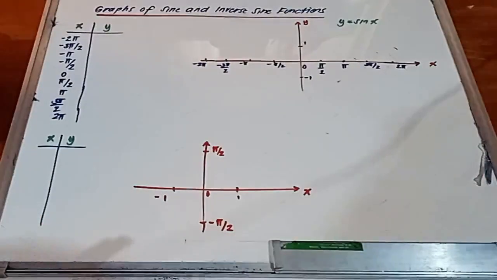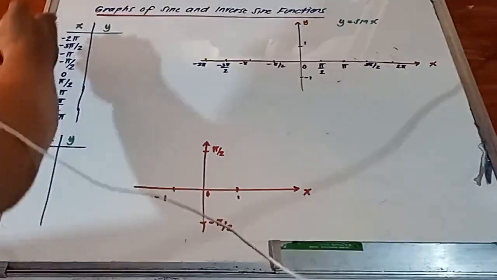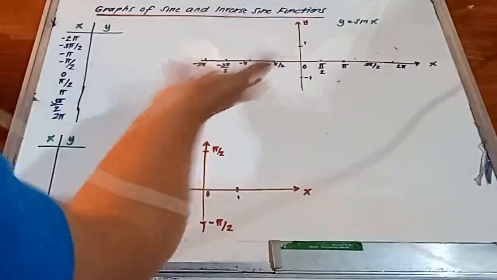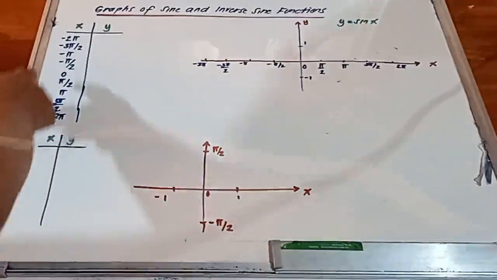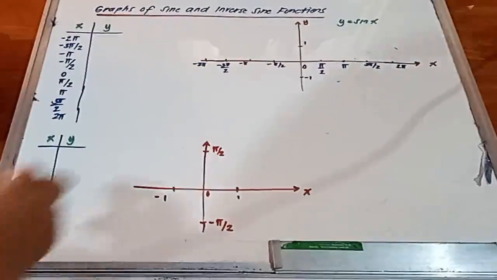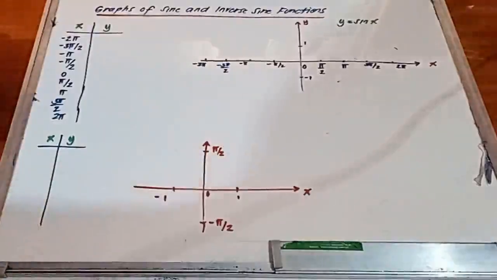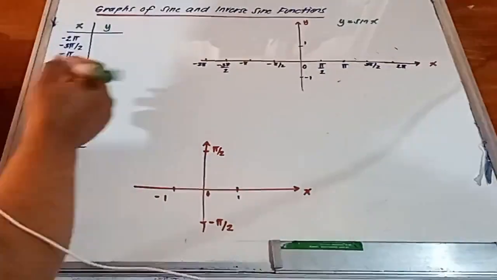But for now, magkaroon tayo ng konting review kung ano ba ang graph ng sine function, or y equals sine x. Okay? Now, meron na tayong mga x values dito, i-determine lang natin yung y value. If x is equal to negative 2 pi, using our sine function, sine of negative 2 pi is equal to 0, kasi yung kanyang terminal side is along the positive x-axis.